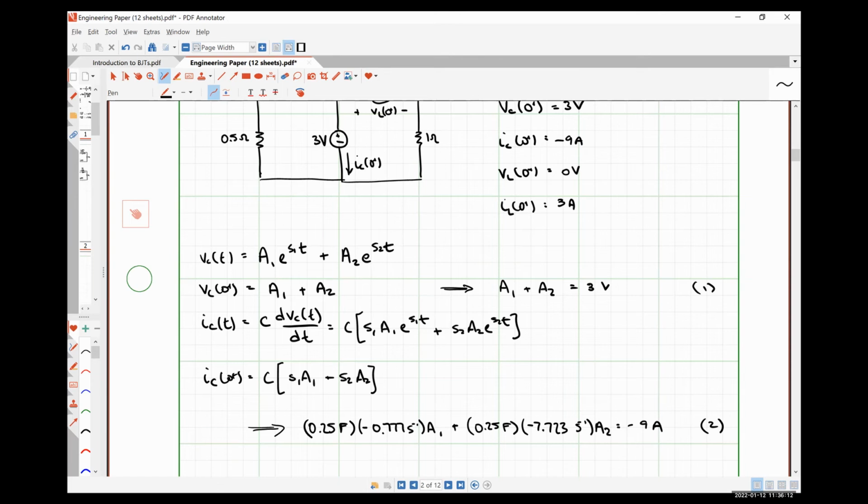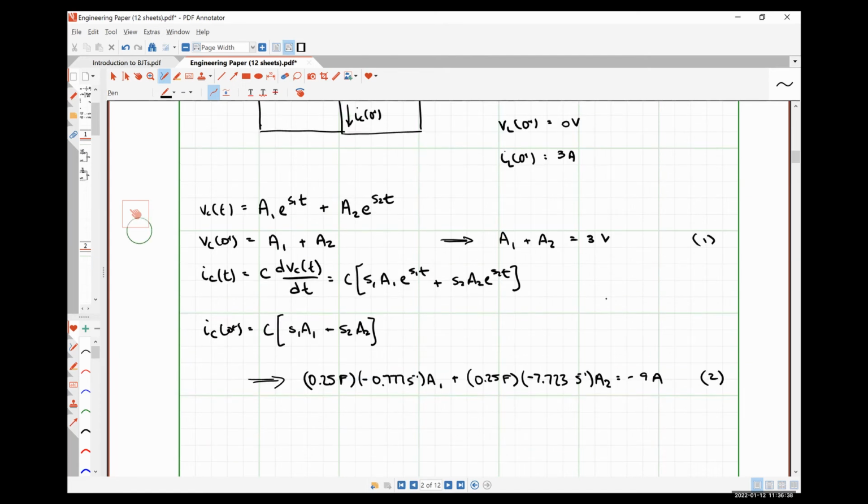And then I have C times S1, which I stored in my calculator as variable C, plus C times S2, which I stored in my calculator as variable D, is equal to negative 9.